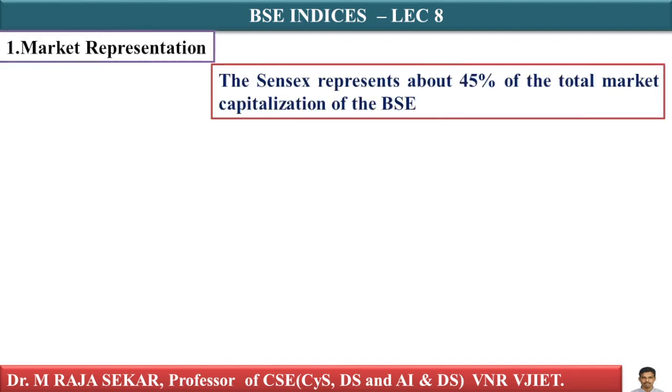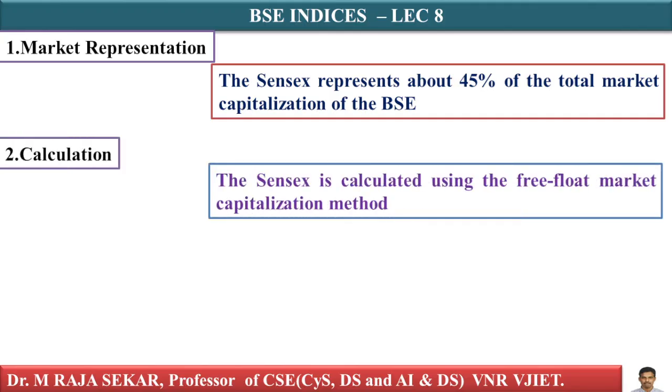What is the market representation? The Sensex represents about 45% of the total market capitalization of the BSE, making it a good reflection of the overall performance of the Indian stock market.